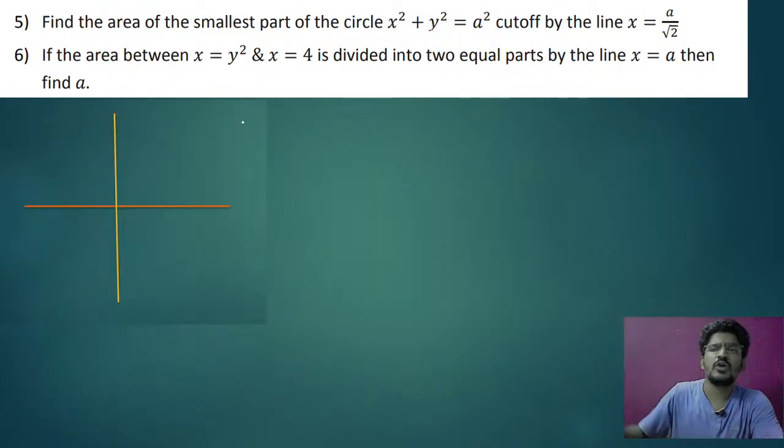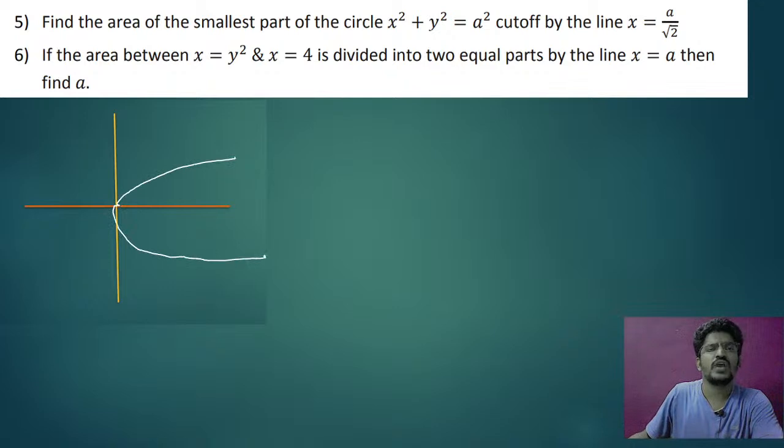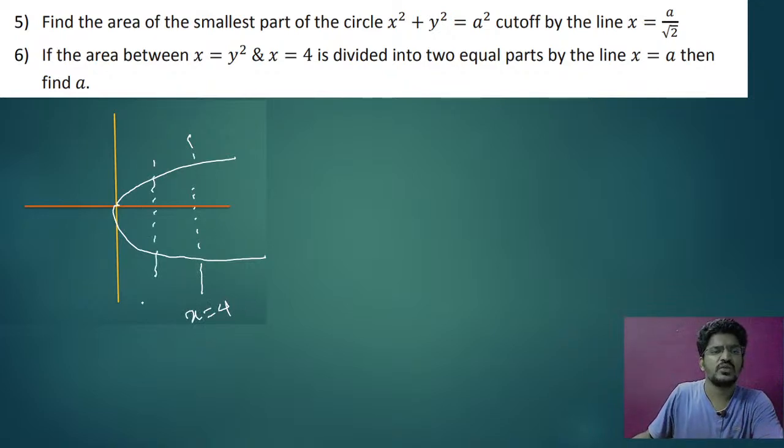And the sixth problem, you just see, I will give the hints, try to solve it. This is y square equal to x, and this is x equal to 4, and they have said this is x equal to a, which is the midpoint.